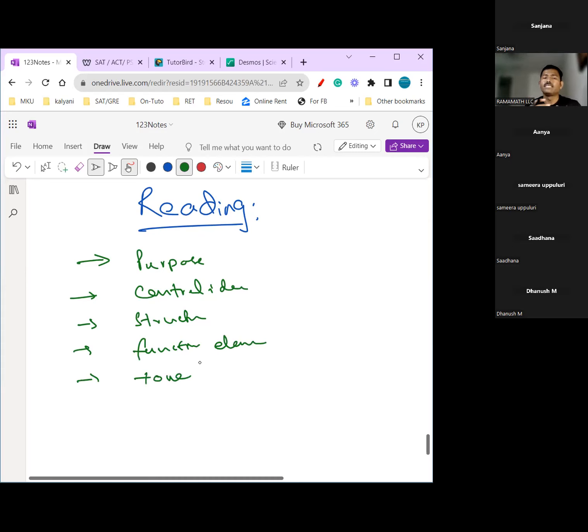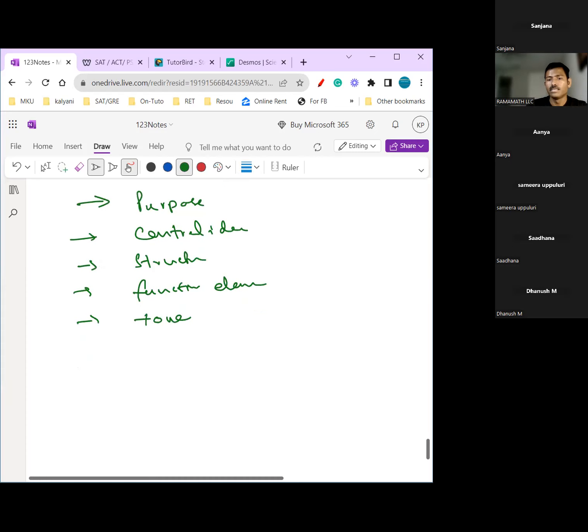These five things will help you read and analyze the passage, and whatever information you need, you can get out of the passage itself. So it's really important you focus on those.